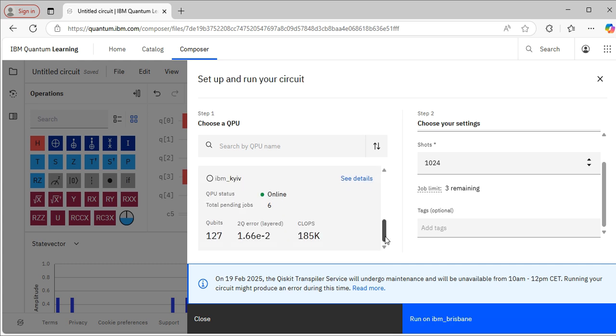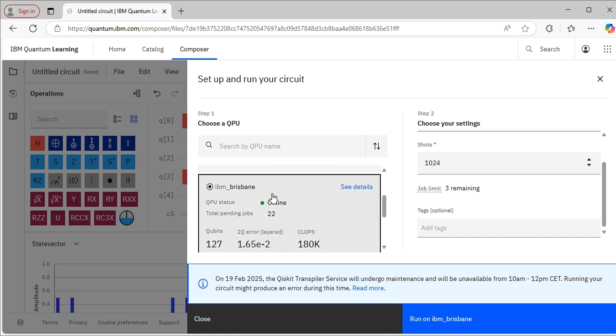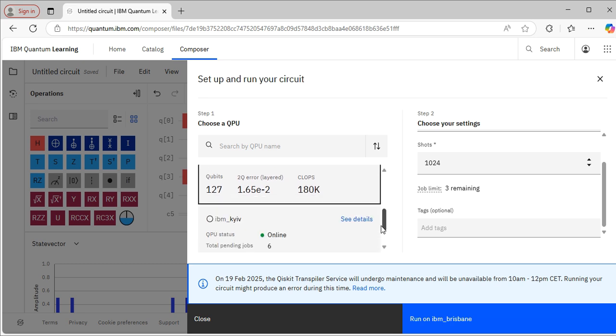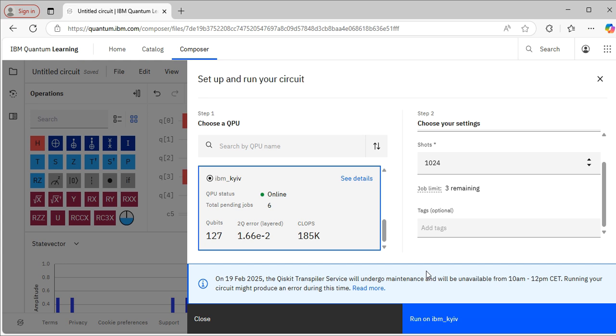All right, so what real quantum computer or lab am I going to use? I think on the last time I did this, I used Brisbane, Australia. This time I'm going to use Kyiv. I think Kyiv is in the Ukraine. I think that's somewhere in Europe. So I'm going to use that quantum computer.